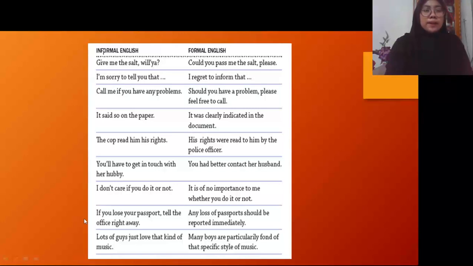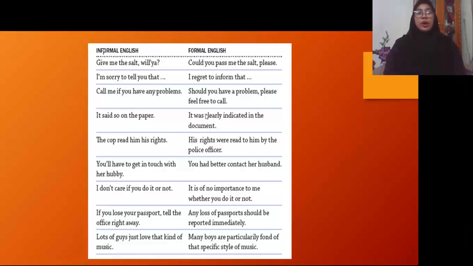Here there are some sentences where you can see the difference between formal and informal conversation. It is so important for you to know and understand the difference, so that when you are in a formal situation, you must also use formal conversation in your speaking.